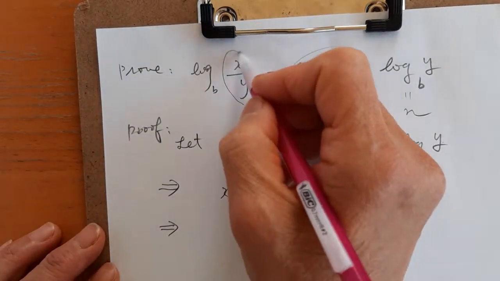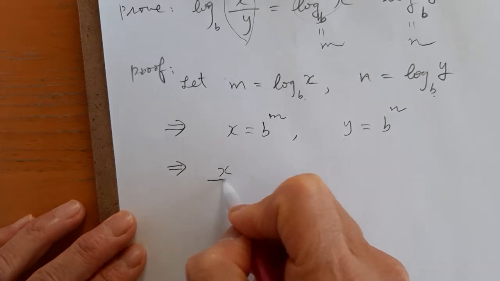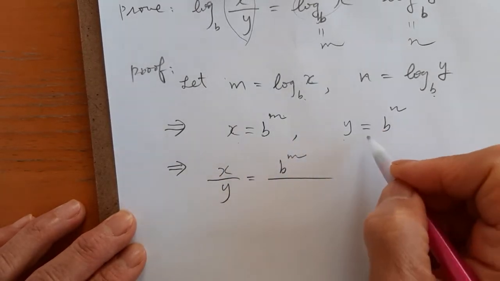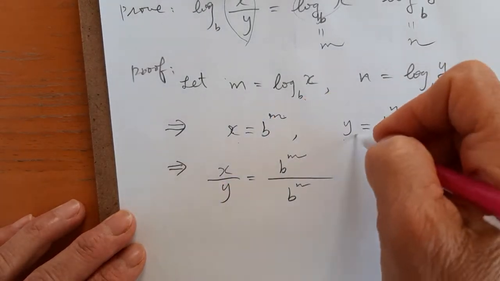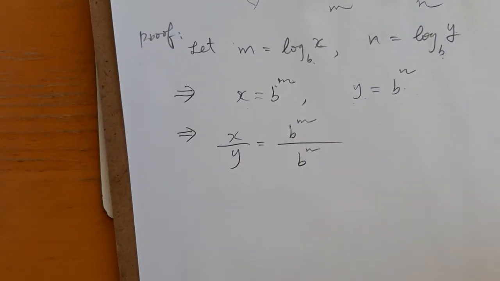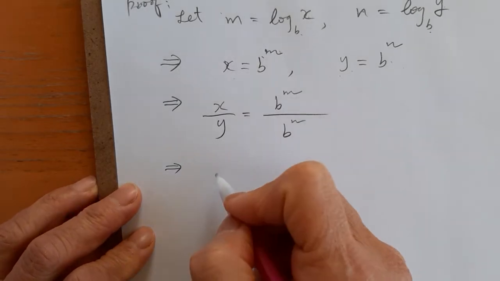Then since here we're looking for x over y, divide x by y. x is b to the power m, and y is b to the power n. So left side divided by left side, right side divided by right side, they are equal. And then use the quotient rule of exponent.